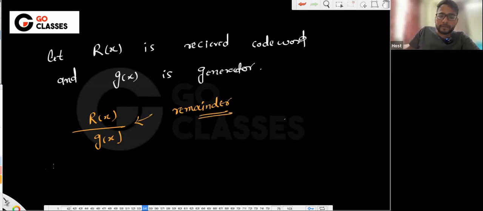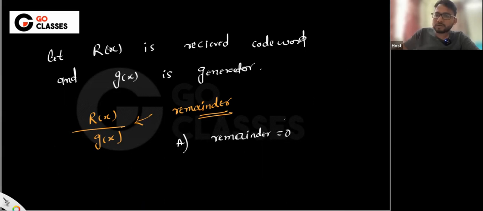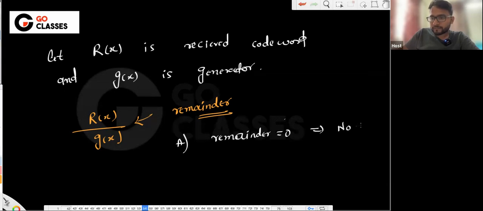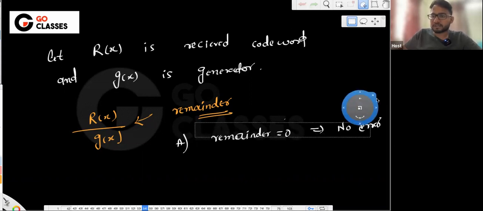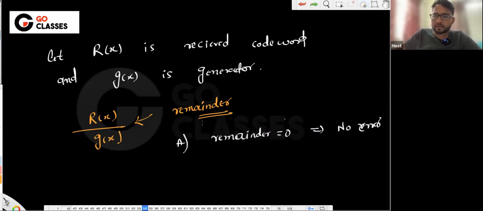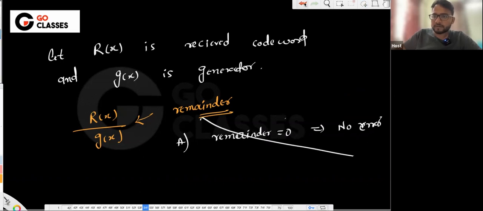Okay, so let me have the options. An option is saying if remainder is 0, then it means no error. They can ask some question like this. They will say that if remainder is 0, then there is no error.